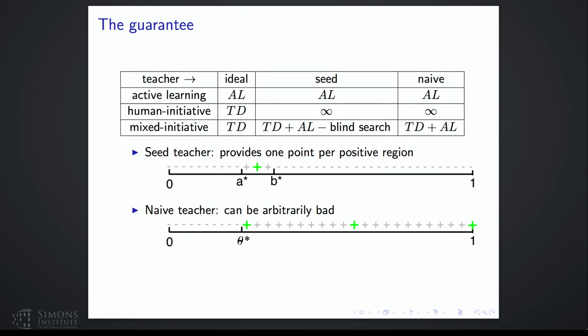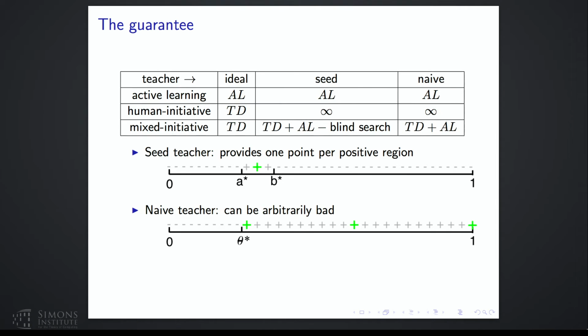So why do we do this? Well, let's say these are 3 things. That's the algorithm I just showed you. You could also just straightforwardly run active learning, or you could just let humans do their thing, give you X, Y all the time, right? But let's consider 3 kinds of human teachers.